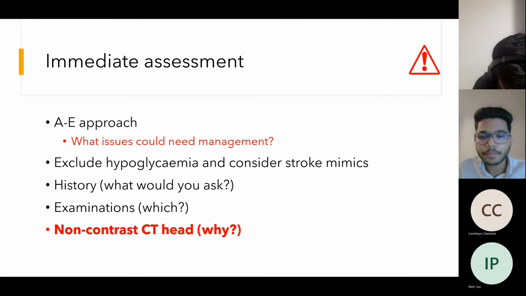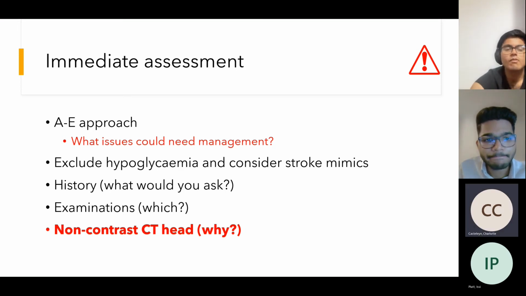Has he had a stroke before? Examinations, I suppose, could you do an upper limb, lower limb examination and maybe a cranial nerve exam? And then the non-contrast CT head, is that to look for any bleeds in the brain?